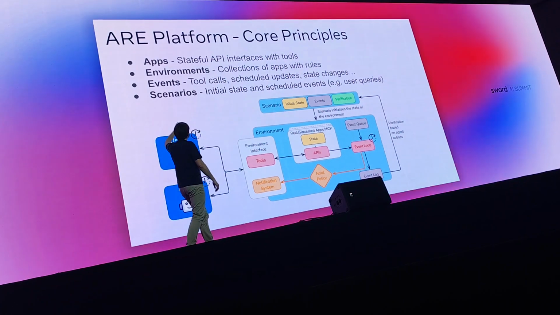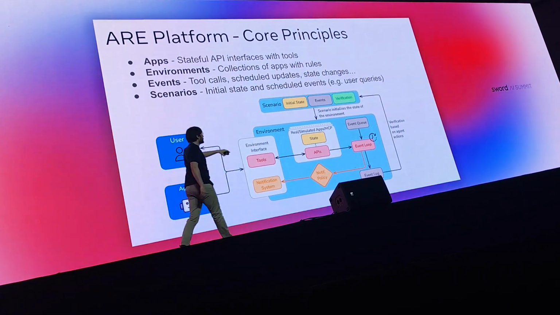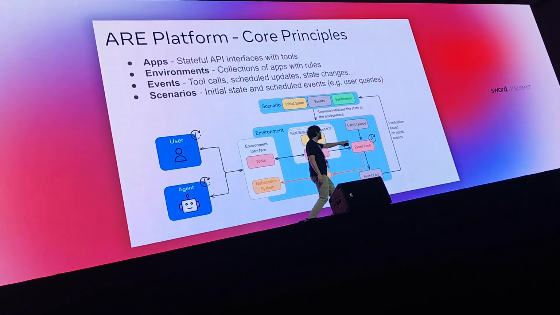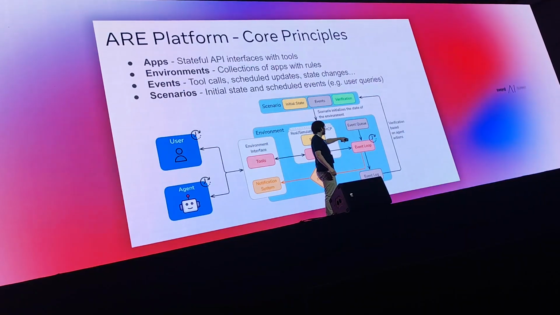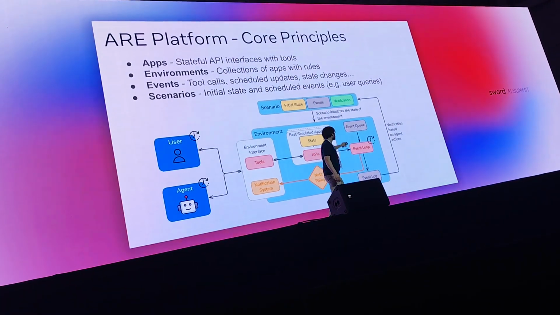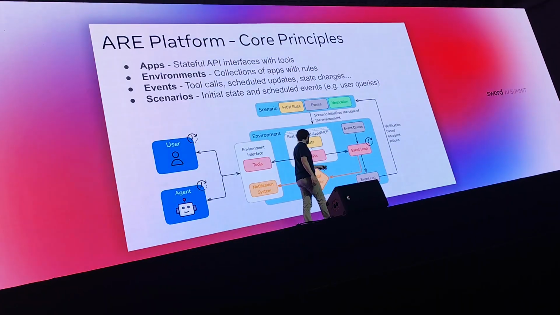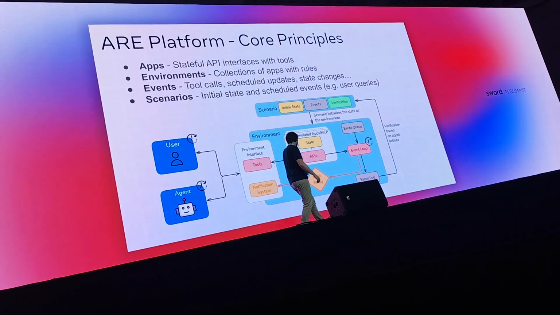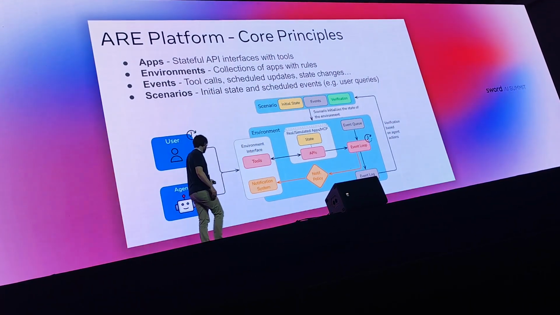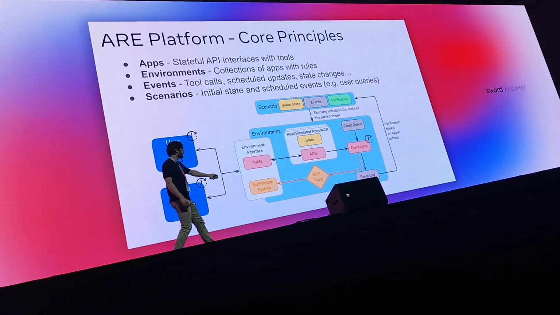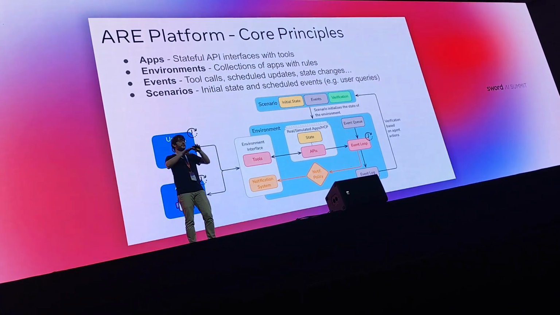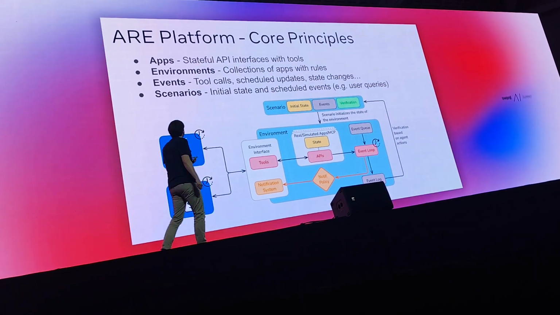The environment basically is a queue of events that are processed by an event loop, which will generate feedback or a tool response to the agent, but also notifications when the environment changes.